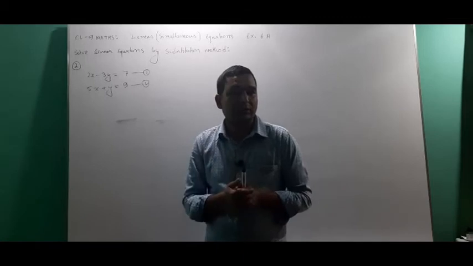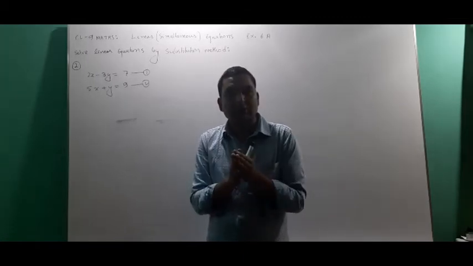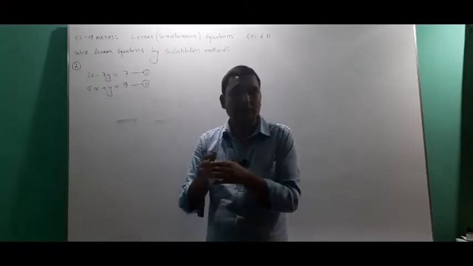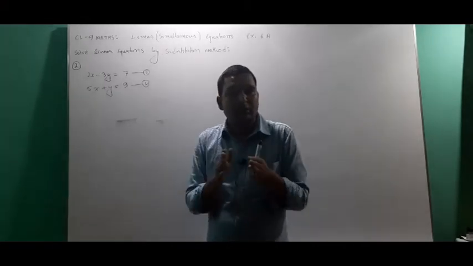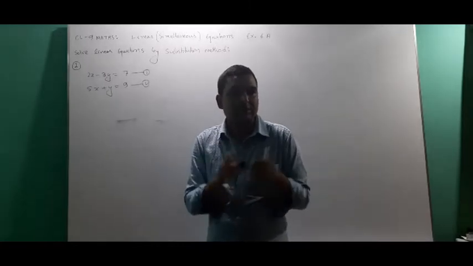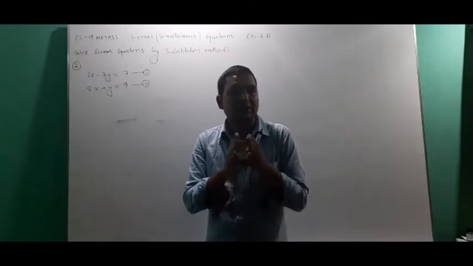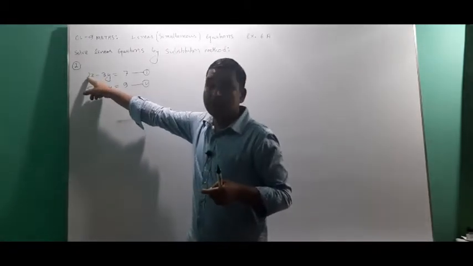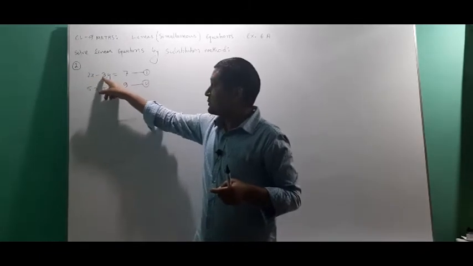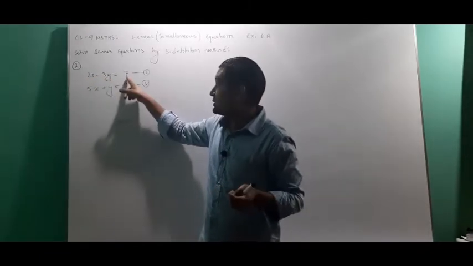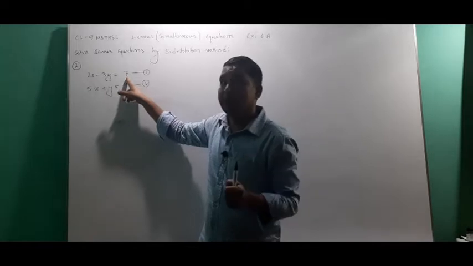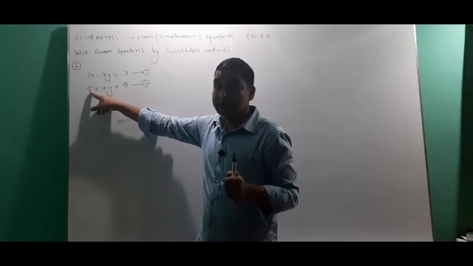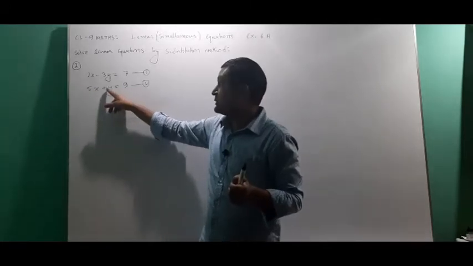If no equation has coefficient 1, then choose the one with the small coefficient. The coefficient is the number attached to the variable. The number in front of x is called the coefficient of x, the number in front of y is the coefficient of y, and the number without any variable is called the constant. This 5 is the coefficient of x, and the coefficient of y is 1.